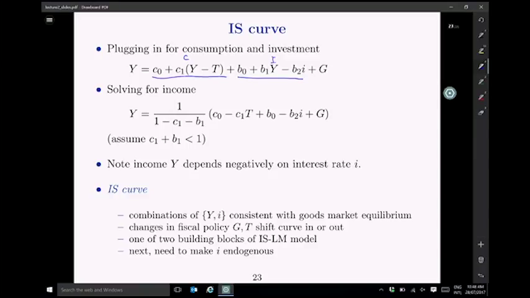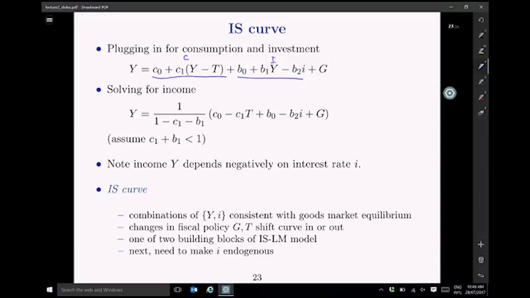We still keep government spending as exogenous here. Again, we are left with one equation, and I'm a little reluctant to say one unknown yet because now we have interest rate. What we can do though is to express output Y as a function of interest rate.